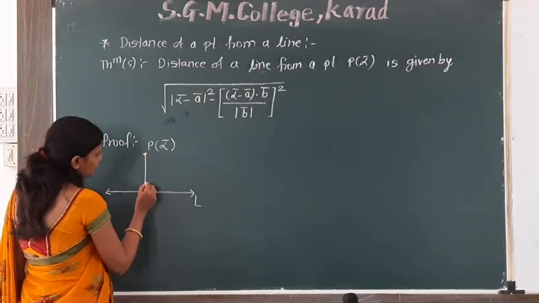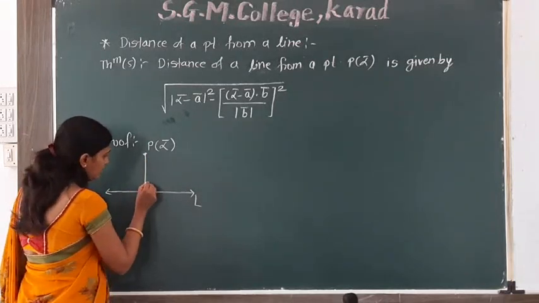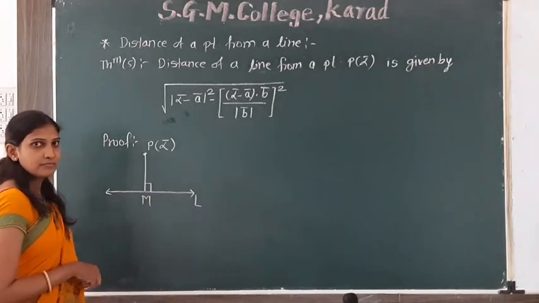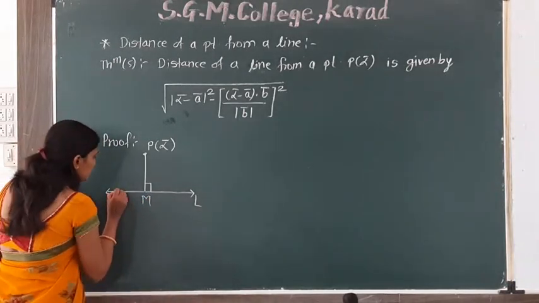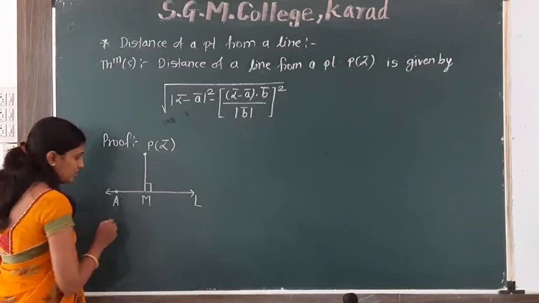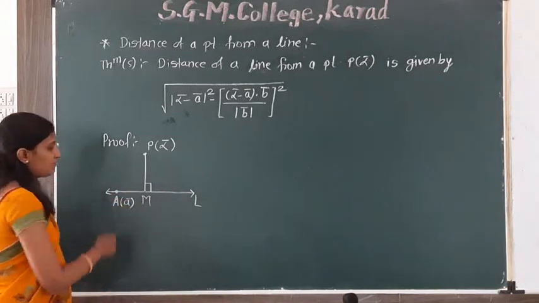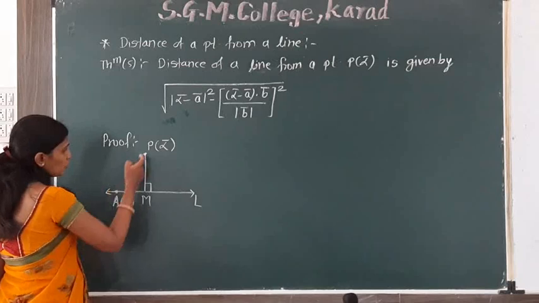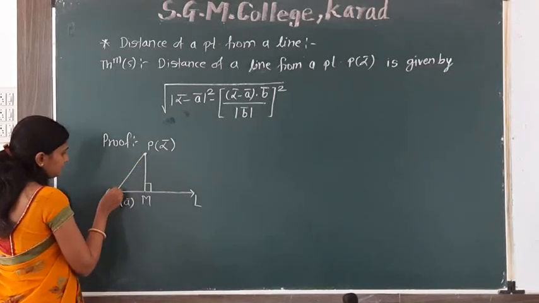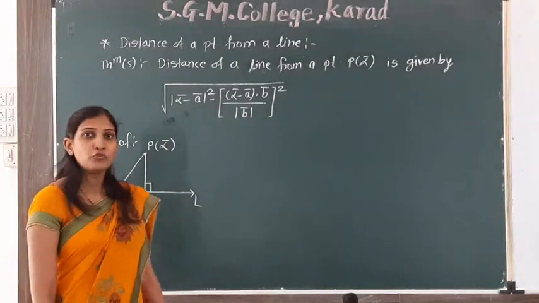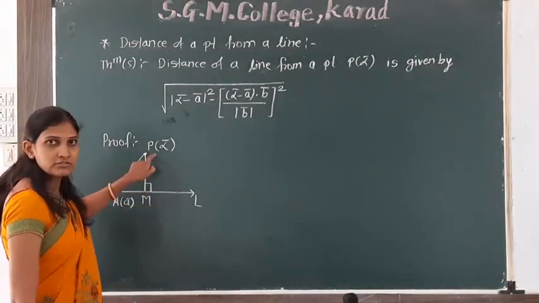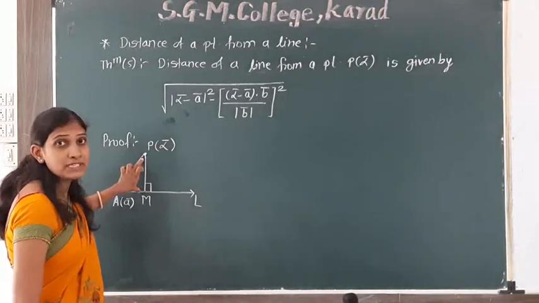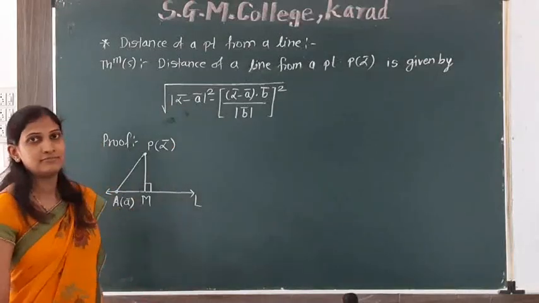So we draw a perpendicular from point P on the line L. The foot of the perpendicular is M, and consider any point A, whose position vector is a bar, on the line L. We join this point A and P. Now we have to find the value of PM.